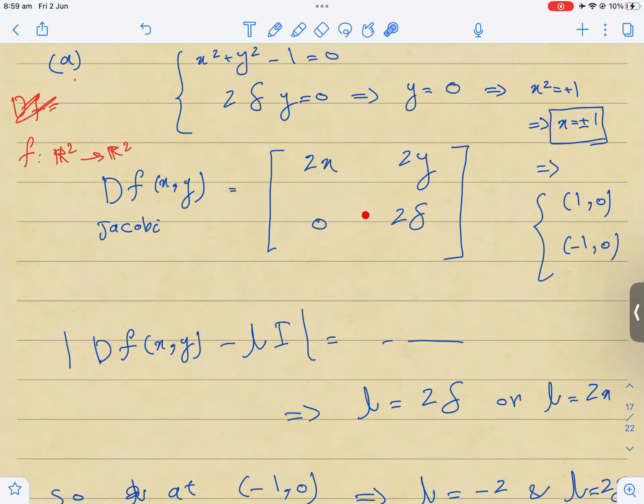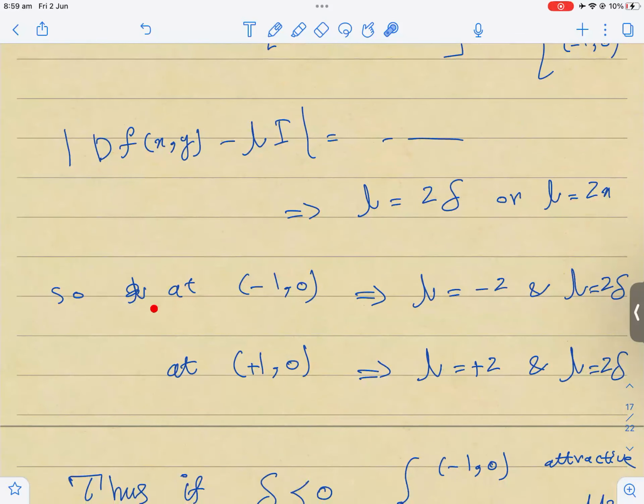Since it is a triangular matrix, the diagonal members are the eigenvalues, 2x and 2 delta. At this critical point lambda is minus 2, because I just substitute x equals minus 1. At this critical point, I just substitute x equals plus 1. So it will be plus 2, and 2 delta, minus 2, you can interpret very easily.